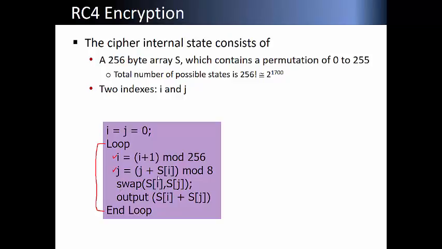S is the given 256-byte array, so S[i] and S[j] are swapped. The output is S[i] plus S[j] at the end. That is the end of the loop.